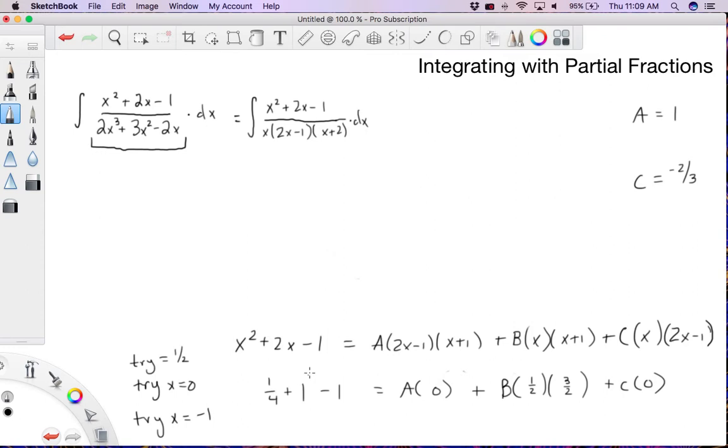Okay, so it looks like we're just going to get 1/4 equals b times 3/4. And if we divide by 3/4 or multiply by 4/3, we find out b should be 1/3. Okay.